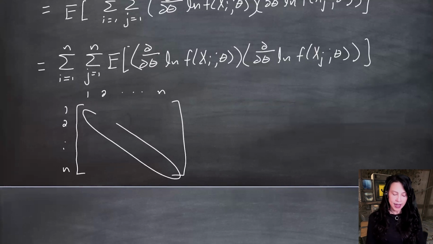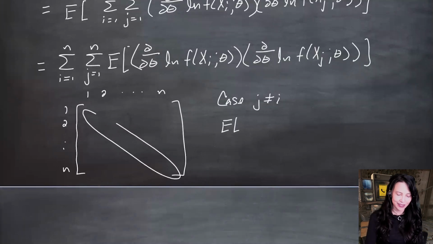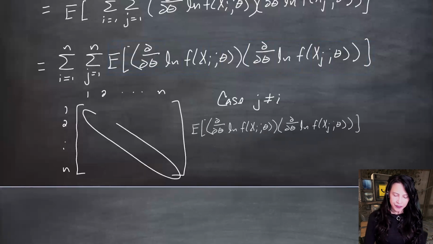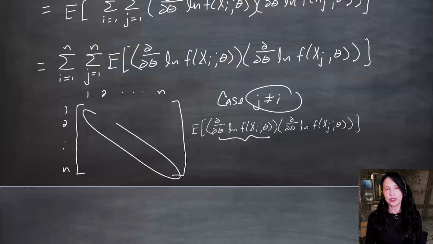And then off the diagonal, in the case that j does not equal i, let me copy this expectation. When j does not equal i, then this is a function of Xi and this is a function of Xj, and they're not the same X's.